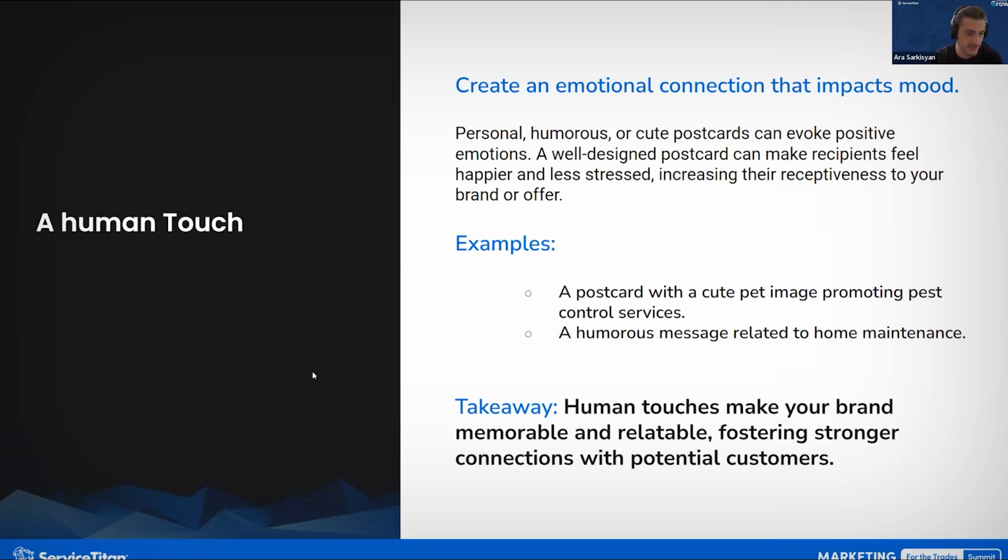Whereas with email and SMS and digital ads, we have a conscious choice on whether or not we interact with that piece. With mail, they're going to have to look at it no matter what, right, to get it out of their mailbox. And in that moment, you have a real unique opportunity to control their emotions and the response to the ad that you're just going to give them.